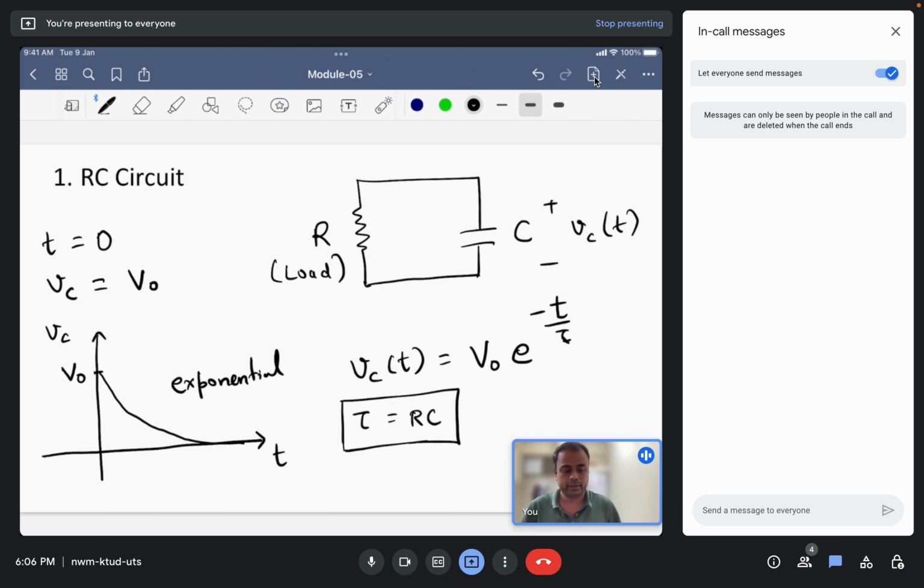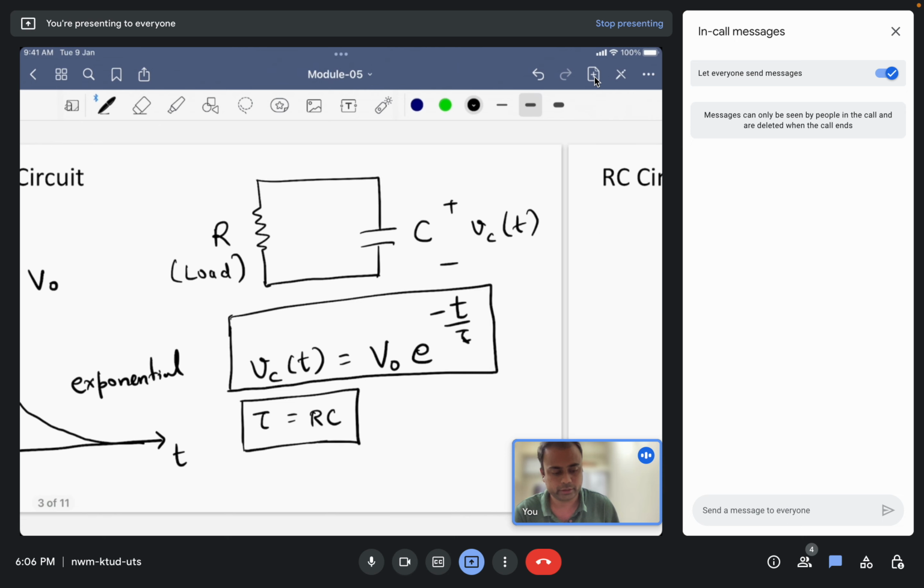So let us move ahead. We already have the discharge function for a capacitor in a self-excited circuit.